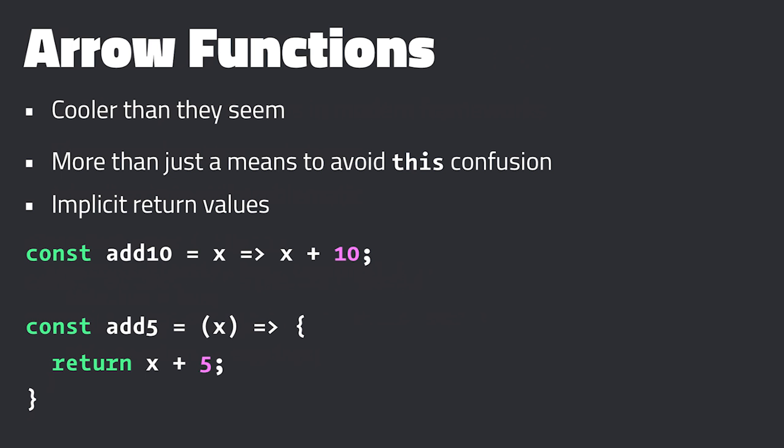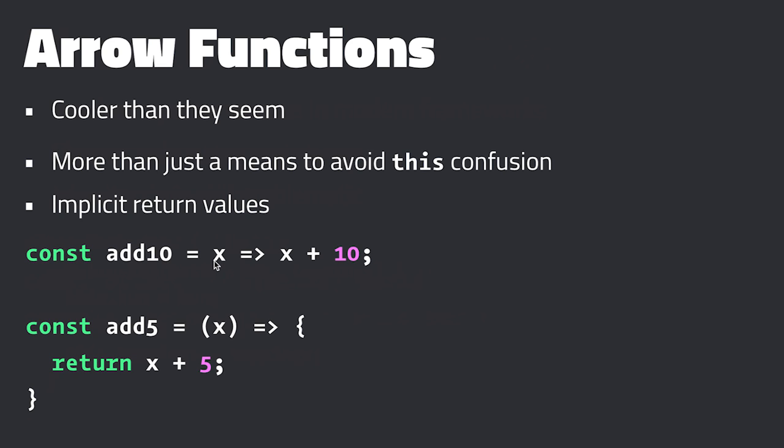Arrow functions, they're another really nice feature. I was a little bit skeptical about how handy arrow functions would be for me, but then I noticed in some of my code that involves a lot of promise chains and whatnot, how the implicit return of arrows has been really, really nice. What we have here in this first line is a very contrived add 10 function.